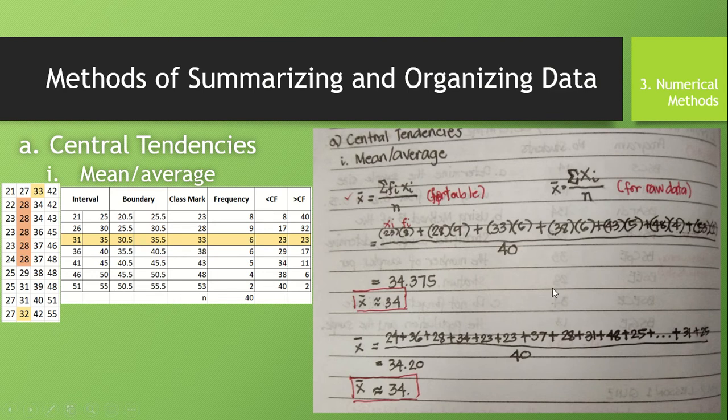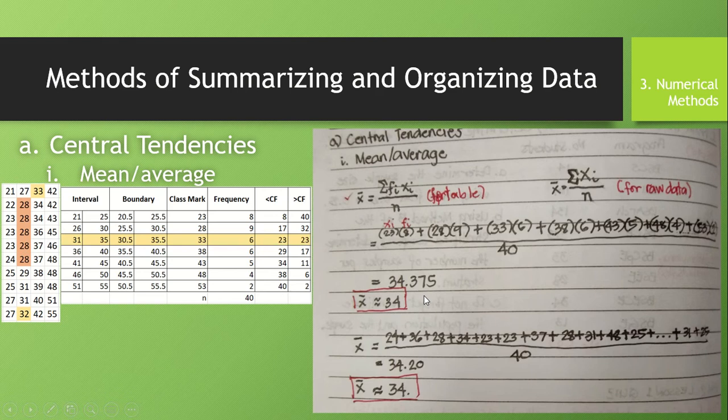This is the whole solution for the mean. Now you have the mean for group data and the mean for ungrouped data. If you check the exact value, they have a difference of 0.175.